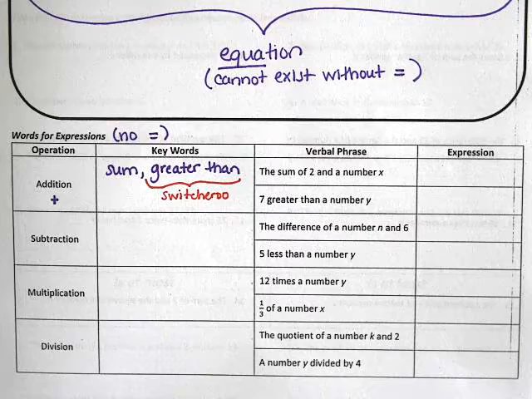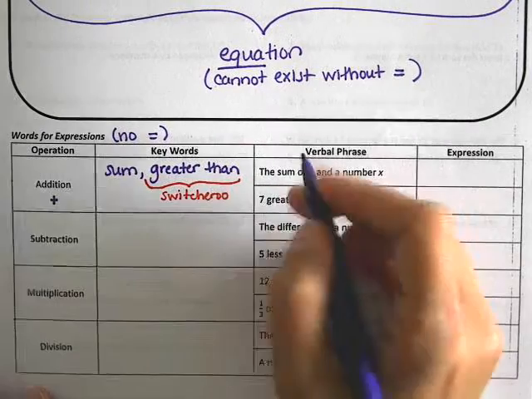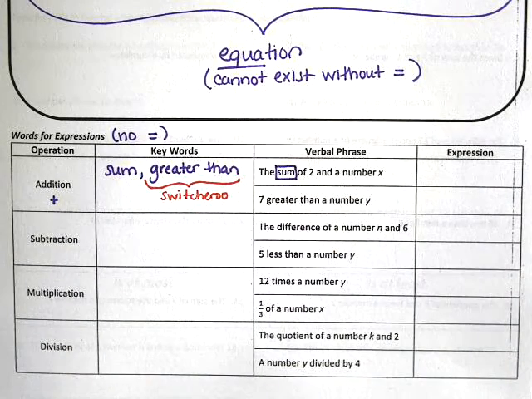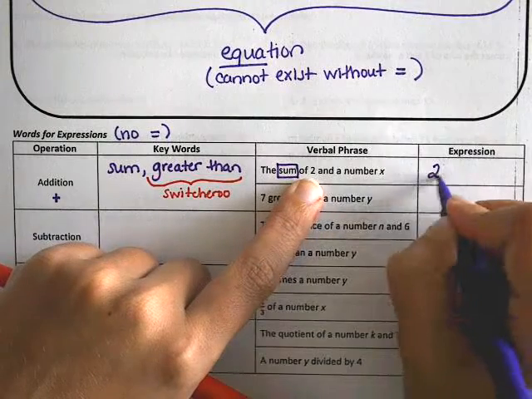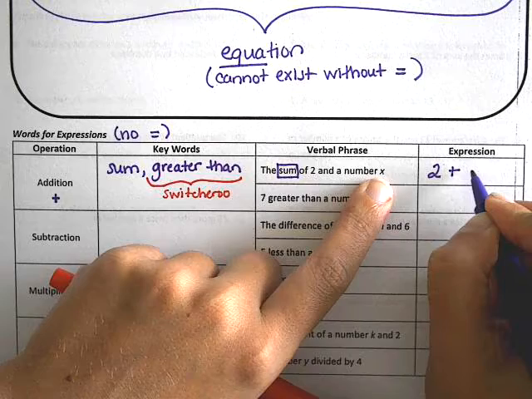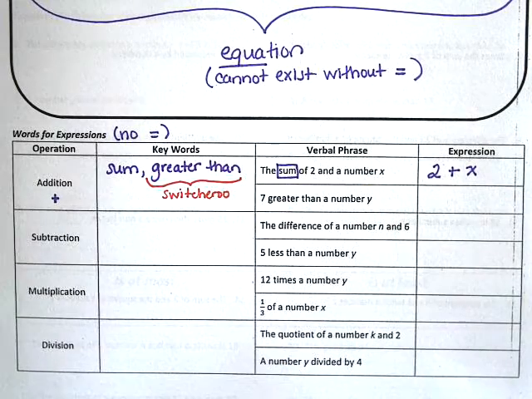So let me give you an example. When I see the word sum, I know that that means plus sign, of 2 and a number x. Since the number 2 comes first in the problem, I just put the 2. Plus, since the letter x comes second, I put the x. But here is why I call greater than a switcheroo.